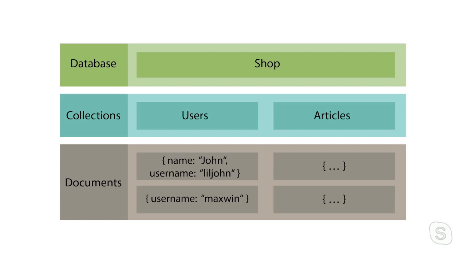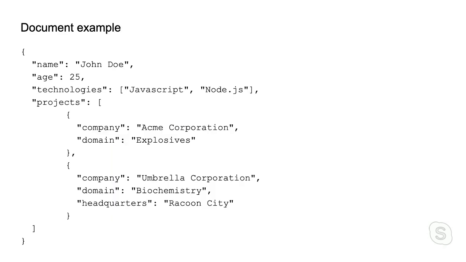So as you can see, it's schemaless, and every document can have completely different fields. Here is a document example for those who are not aware of what JSON looks like. It's just a big object with key-value pairs, where the value can be a string, a number, an array of any values. It can even be an embedded document, an embedded object.